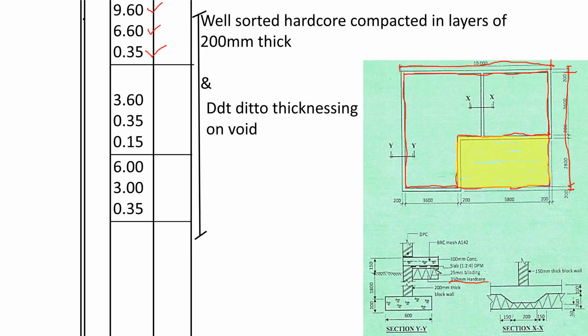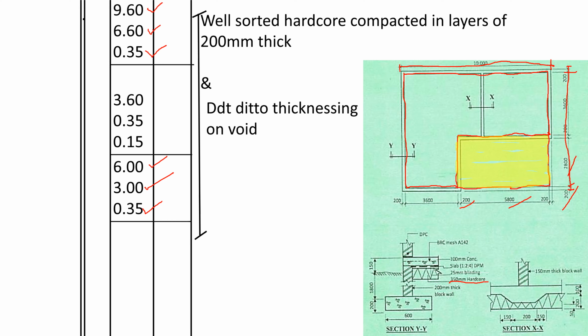We take this 200 plus 5,800, 6,000. Then for the width, 2,800 plus 200, 3,000. So it shall be 6,000 by 3,000. Then the depth of 0.35. That one is for the void.